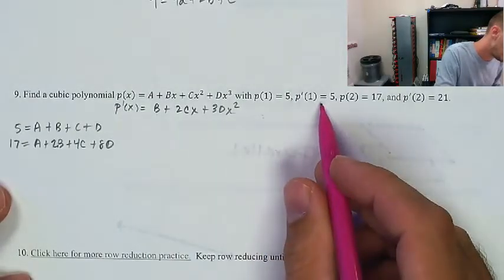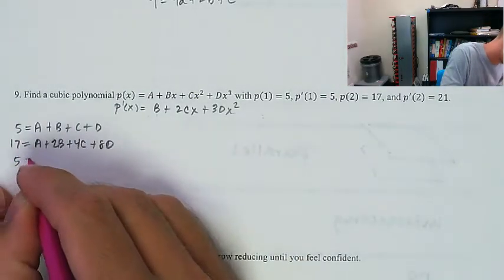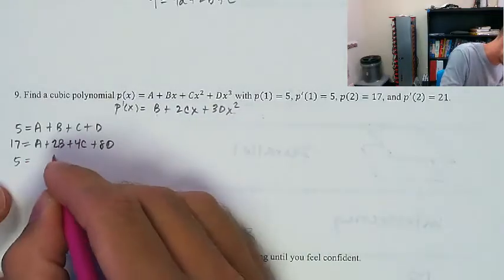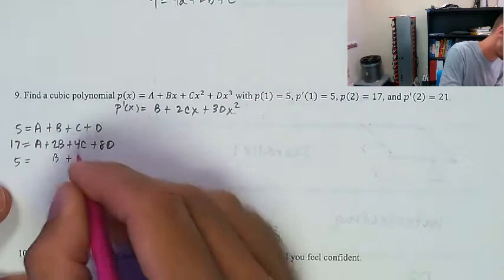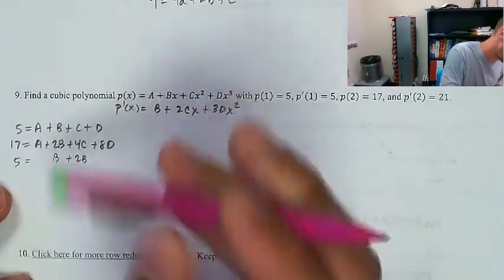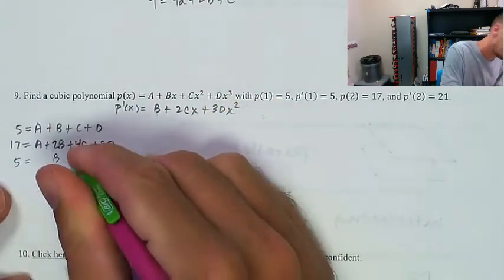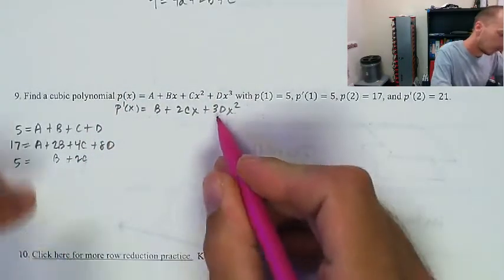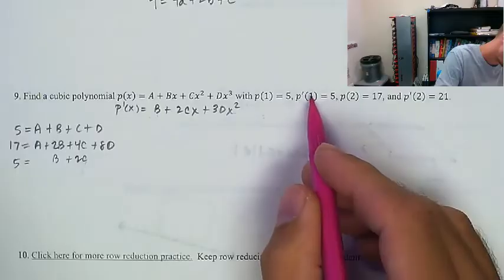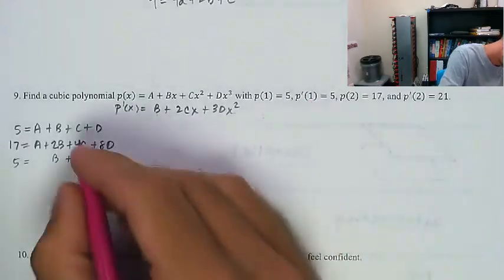So P prime of 1 equals 5. That'll be 5 equals B plus 2 times C times X, X is 1, so B plus 2C, and then plus 3D.